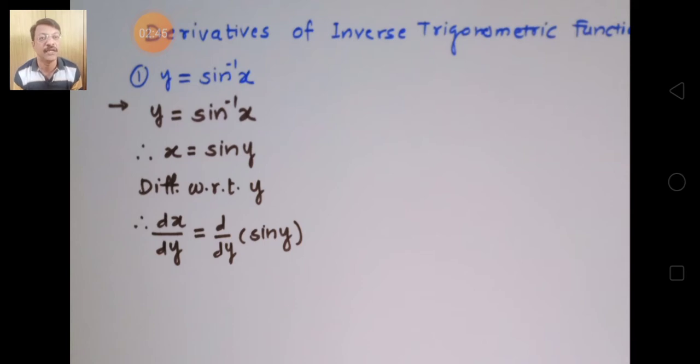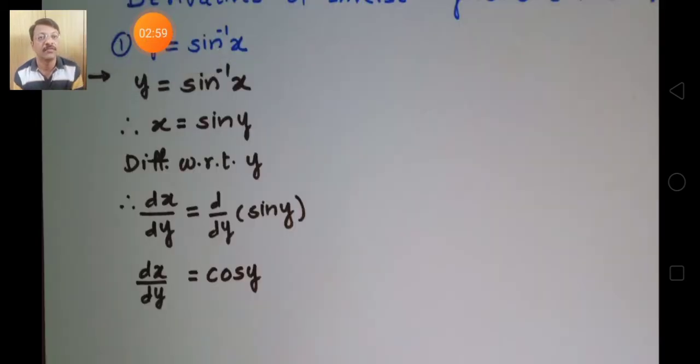Remember this, differentiating with respect to y. That means d by dy of the left side is d by dy of x, and d by dy of the right side is d by dy of sin y. Now what is d by dy of sin y? D by dy of sin y is equal to cos y. So dx by dy is equal to cos y.